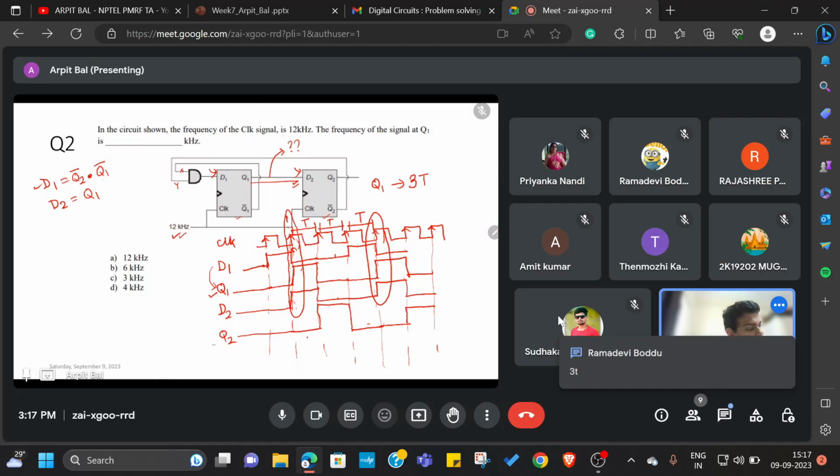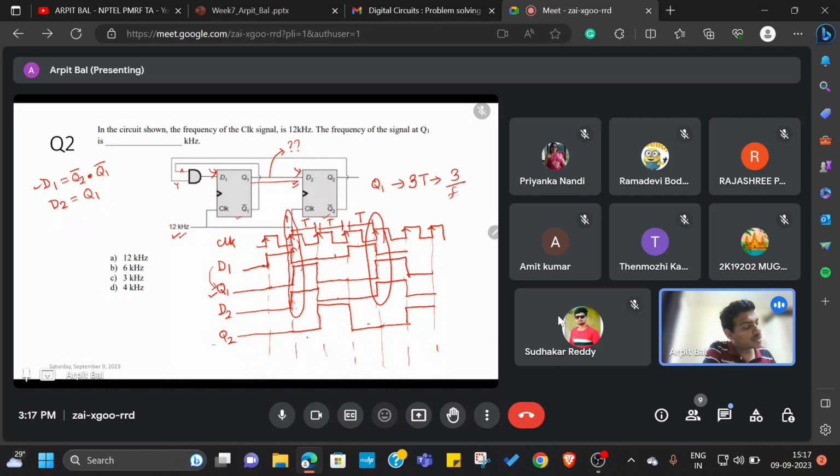If it is repeating itself after 3t, then we can write that this is 3 by f clock. So what is the frequency of q1? Can anyone answer? 3 by 12, so 1 by 4.